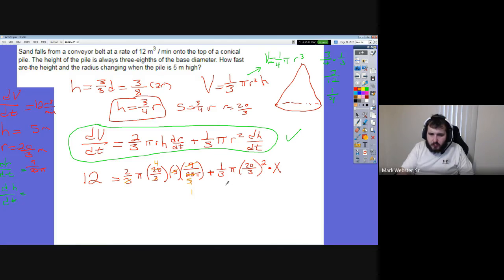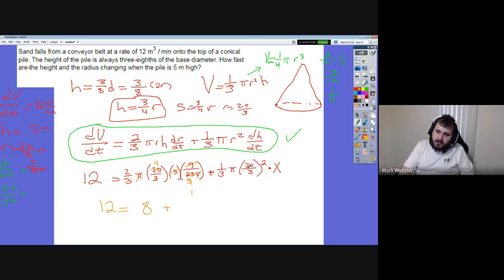So let's crack that out. And then there's a pi on bottom and a pi on top. All my bottom stuff is gone. What am I left with? A 2 and a 4 up on top.